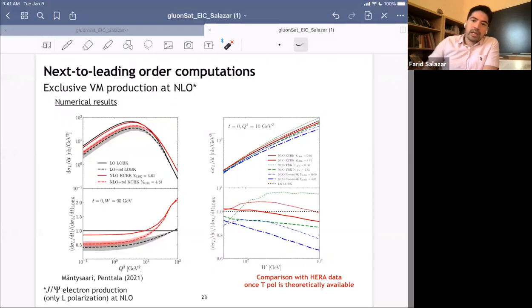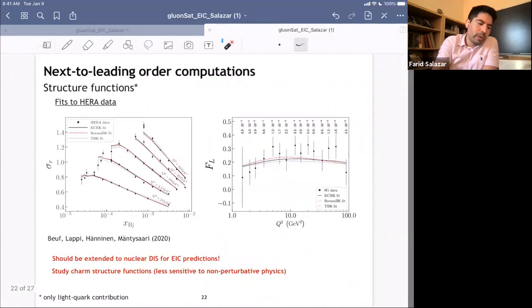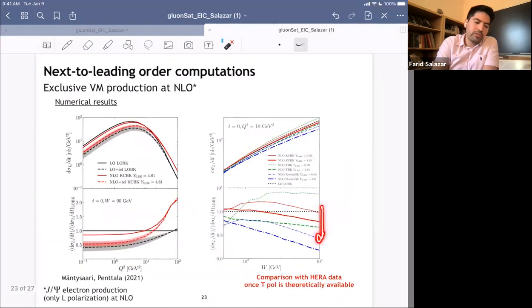And in this case, you see that if you constrain the LO fit and the NLO fits, and for the NLO fits, there are different resummation schemes for the BK evolution to next-to-leading log, you see that there are differences, okay? So here, of course, there is no fit to HERA data. This is just what the results come out from these different fits. And you see that there are some differences already in the J/psi production.